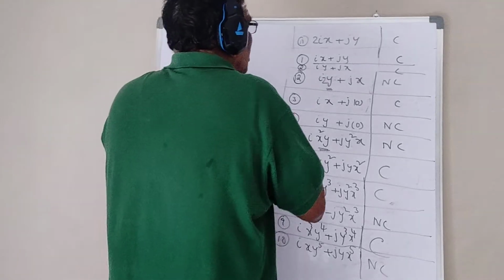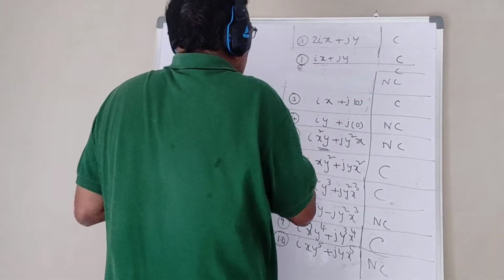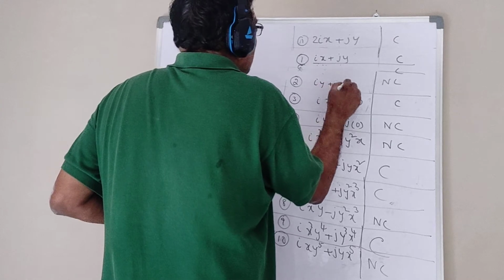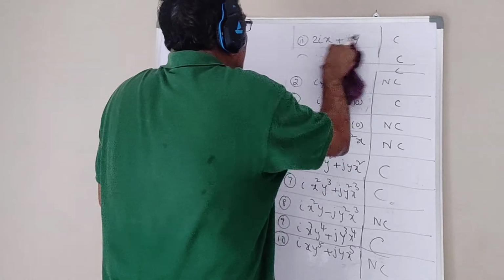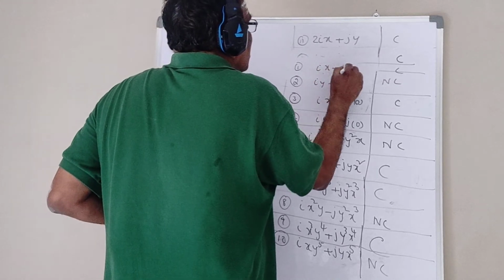Maybe I will erase this here, and as usual write 2 as i y plus j x, and 1 is i x plus j y.